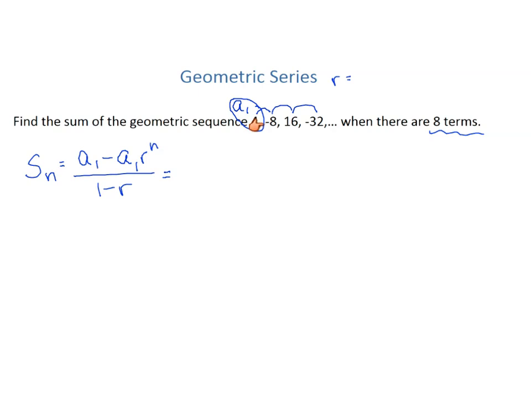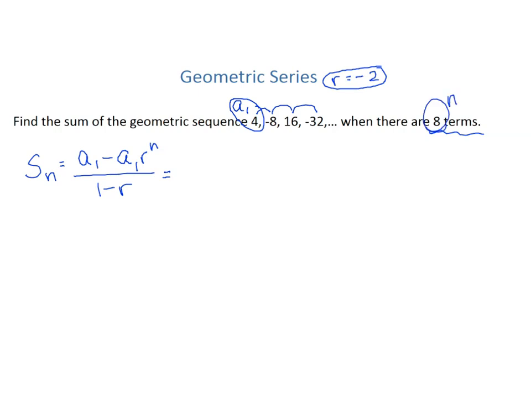And -8 times what would give me 16? 16 times what would give me -32? The answer is the same for all 3 of those questions, and it is -2. So that's our r. And then I'm looking for the sum when there are 8 terms, so that'll be my n.